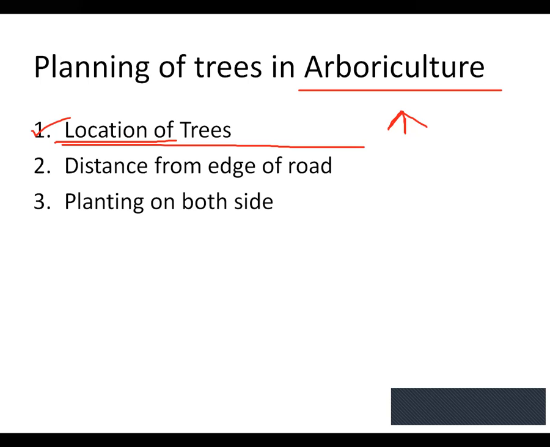Next is planting on both sides. What is the preparation or planning to provide the plantation of a tree?